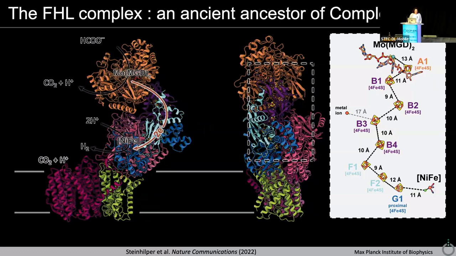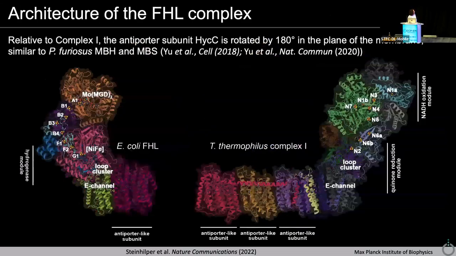One of the reasons that we were studying this is because of the similarity to respiratory complex 1. So what about similarities and differences to complex 1? The first is a really large difference, and this was already shown by Michael Adams' group with an archaeal version of a similar enzyme.